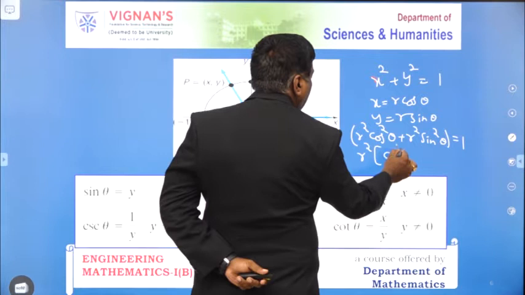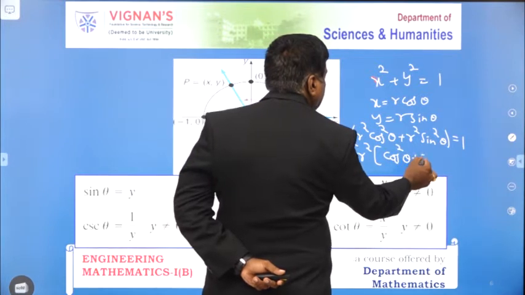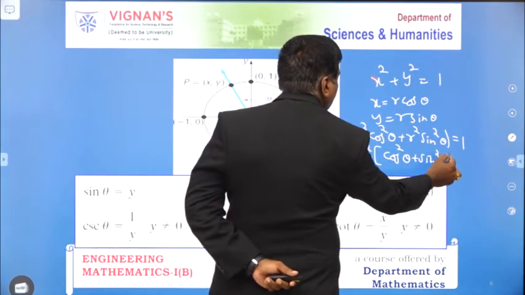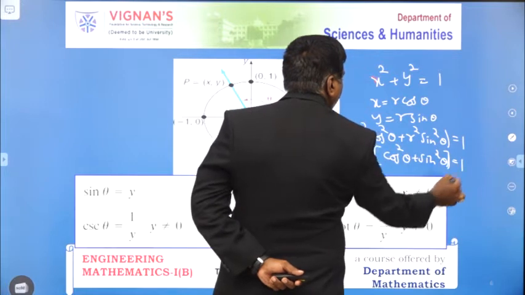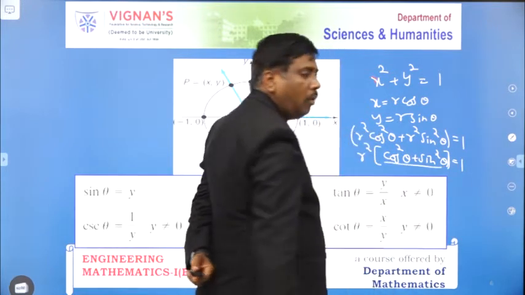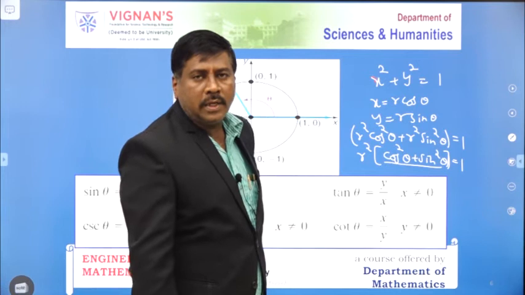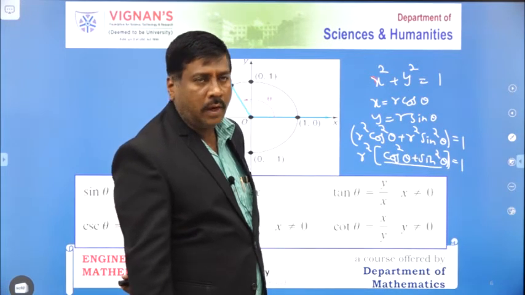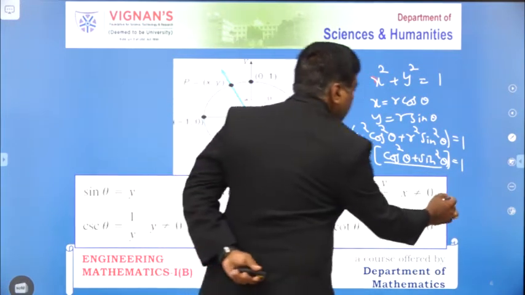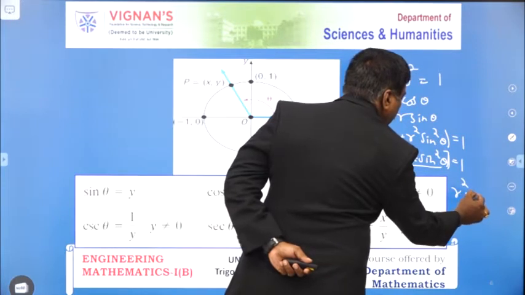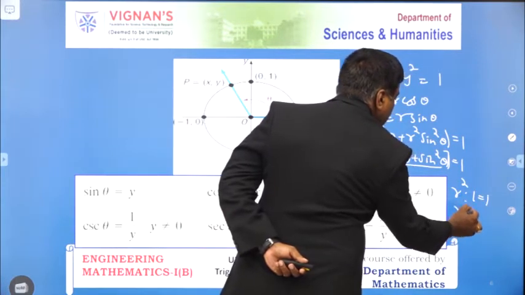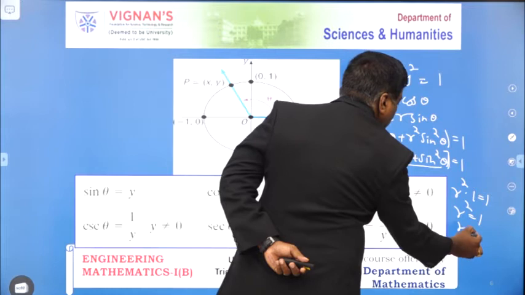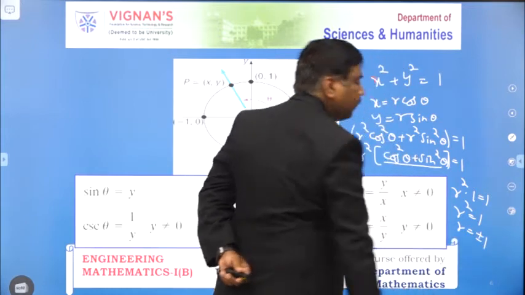R square into cos square theta plus sin square theta is equal to 1. Already you know the trigonometric identity, sin square theta plus cos square theta equal to 1. Therefore r square into 1 is equal to 1. Therefore r square equal to 1, then r is equal to plus or minus 1.